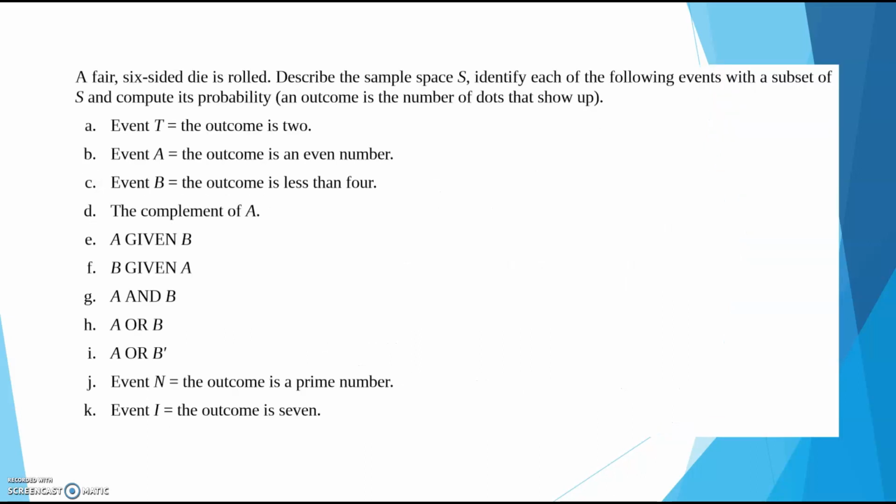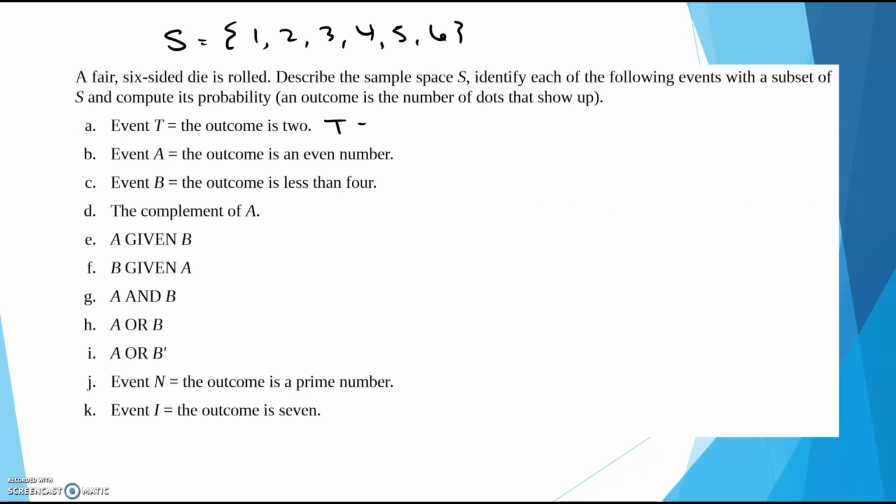Okay? Say we're looking at a fair six-sided die. We've got to find the sample space, which if it's a six-sided die, it could be a 1, a 2, a 3, a 4, a 5, or a 6. That's our sample space right there. And then we've got to find the probability and also the subset, or a smaller set, from our greater set S. So event T says that the outcome is 2.